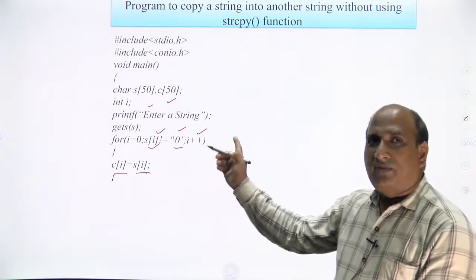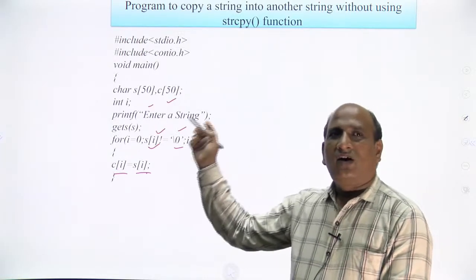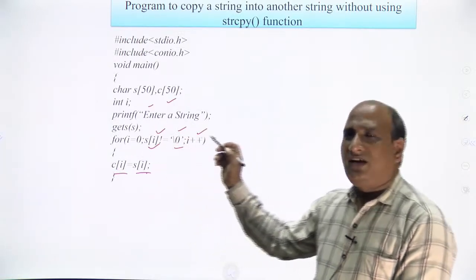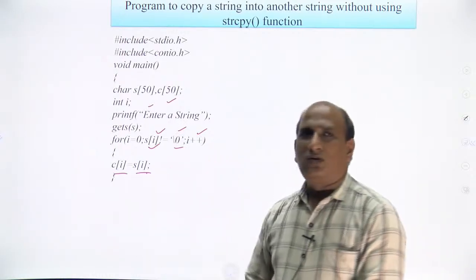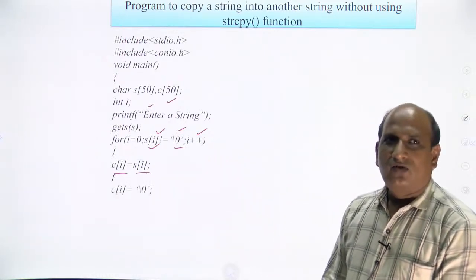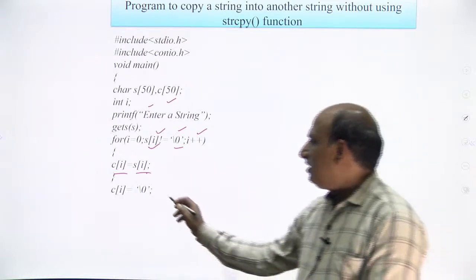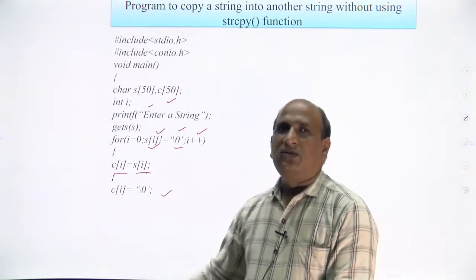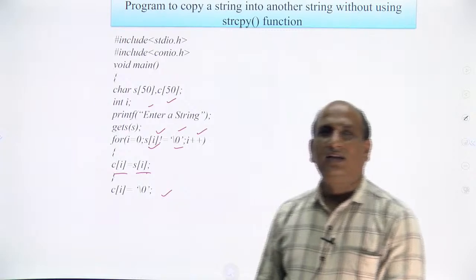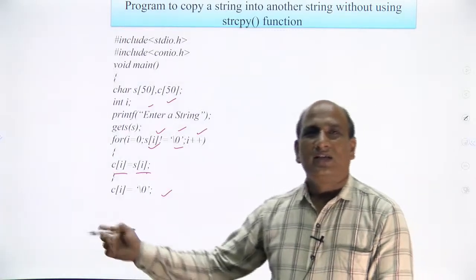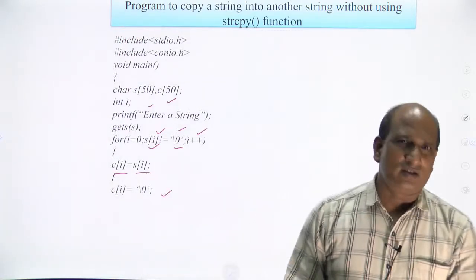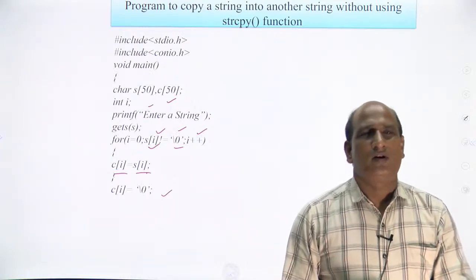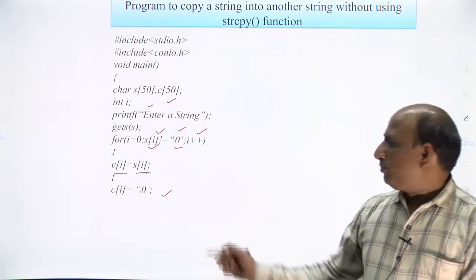Whenever i reaches the null character of s, it will stop, it will not go into the loop body, and after this loop we will just assign the null character to that position i, so that the copied string that you have logically copied by your own logic is completed.